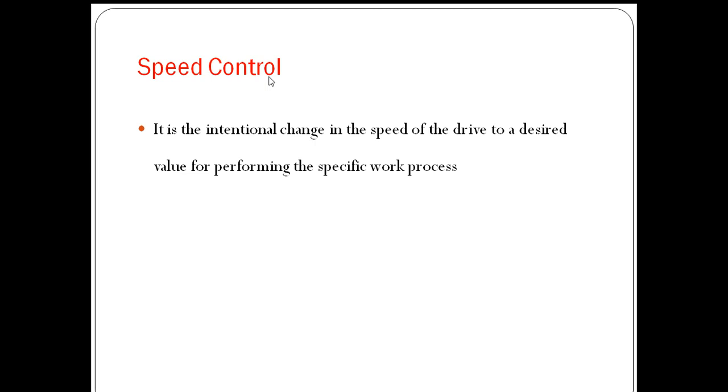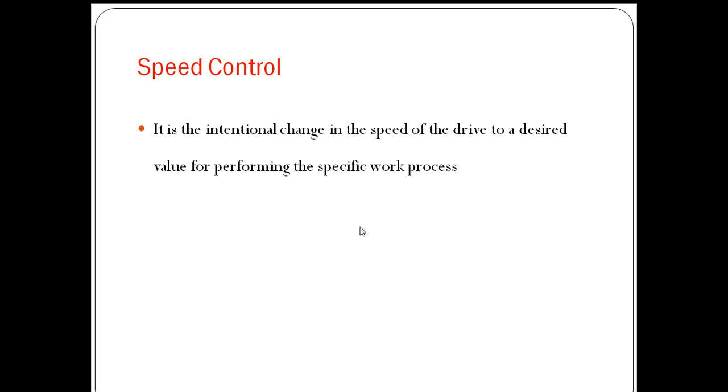Speed control is nothing but controlling the speed of a drive. Actually, a drive is nothing but an assembly of the motor and the power electronic components, which will control the speed of the motor by taking feedback from the motor.